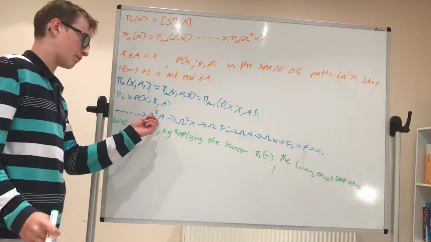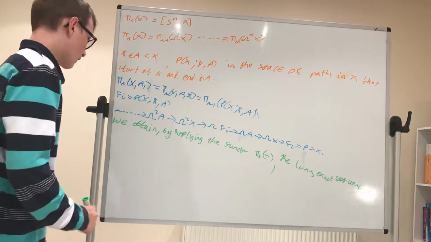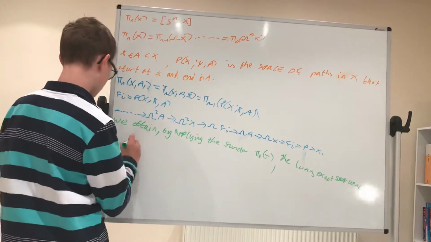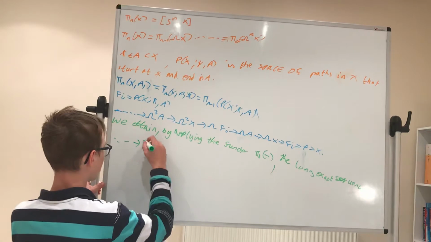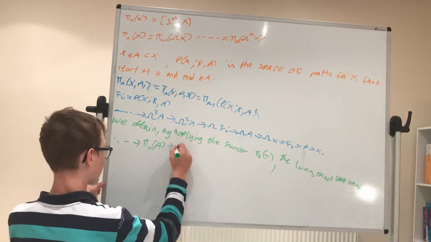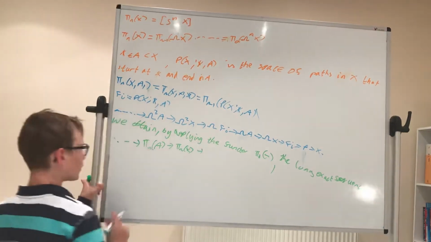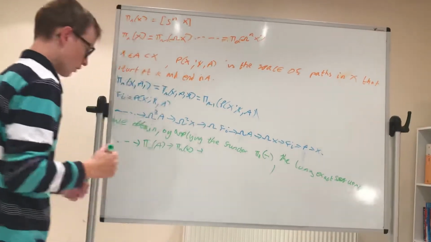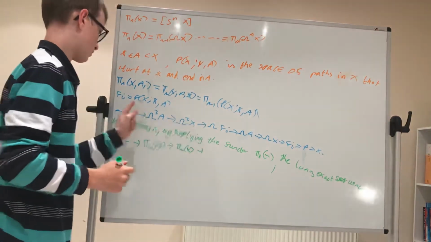for example, if we apply pi 0 to this, we're going to get pi 2 of a, right? So in the end, we're going to have coming in pi n of a, and then this is going to go to pi n of x, and then what's it going to go to here? Well, this is the loop space of this.